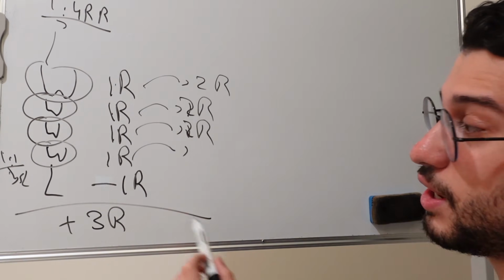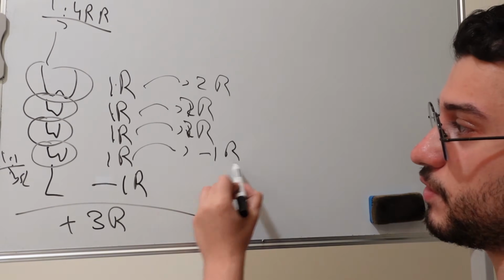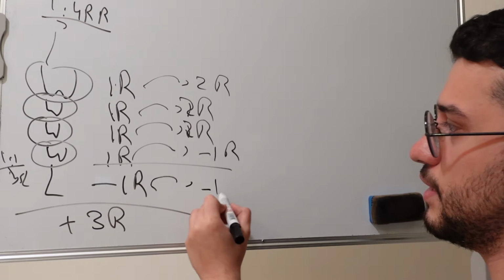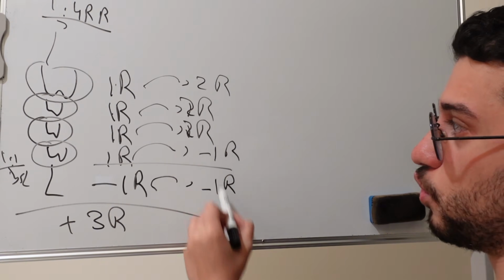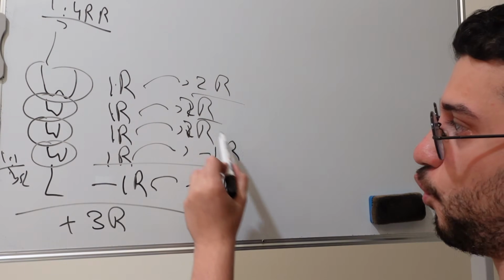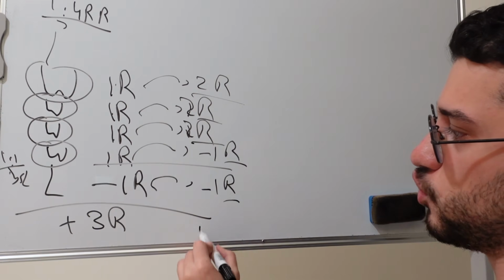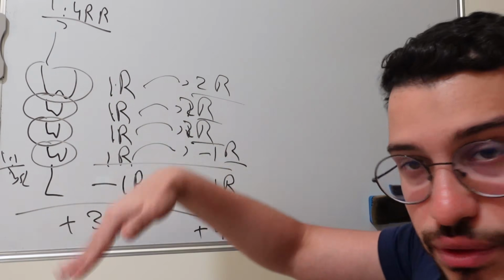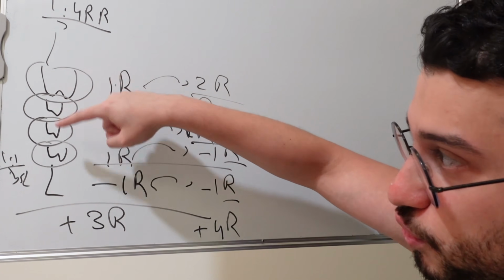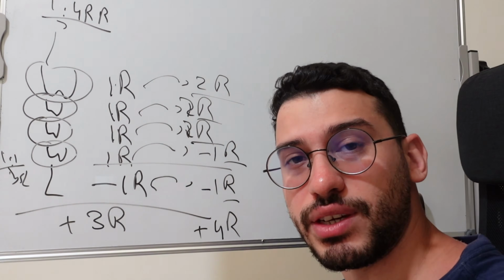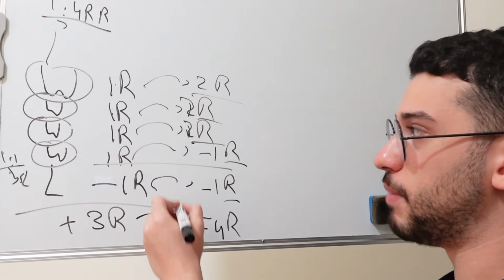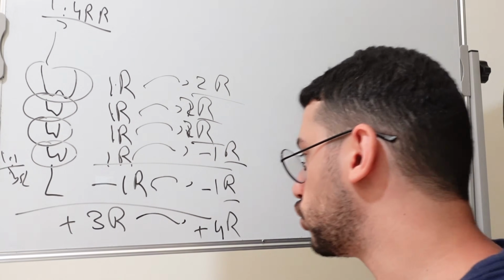This one right here turns into a minus 1R. So we turn this from profitable to loss. And this one right here stays minus 1R. And the total result of that would be 2, 4, 6, 5, 4. So plus 4R. So only for these 5 trades right here, his profitability increased by 1 full R by just increasing his TP to 2R.